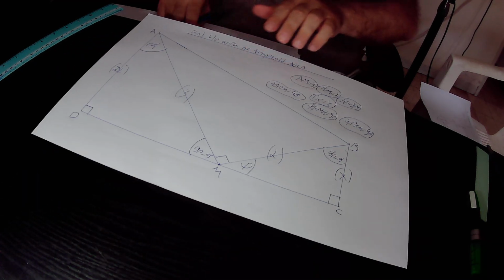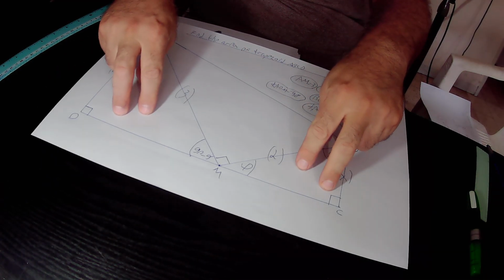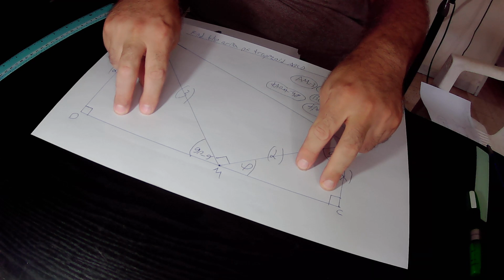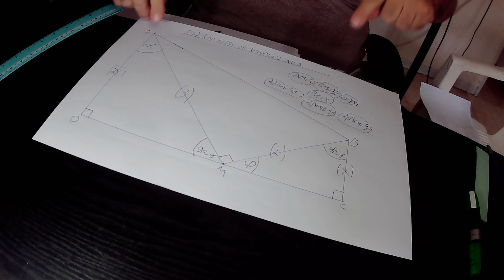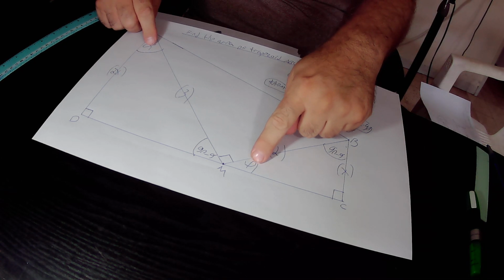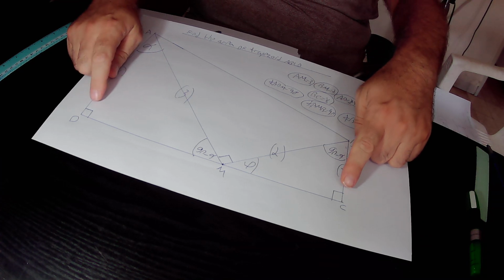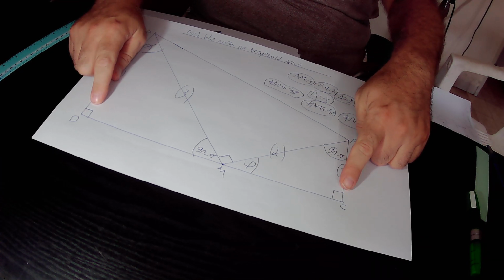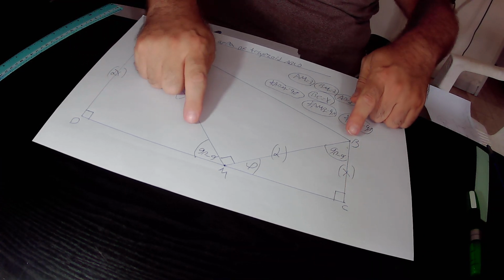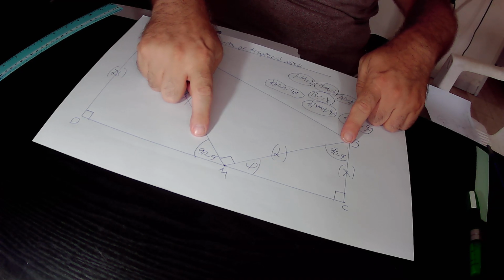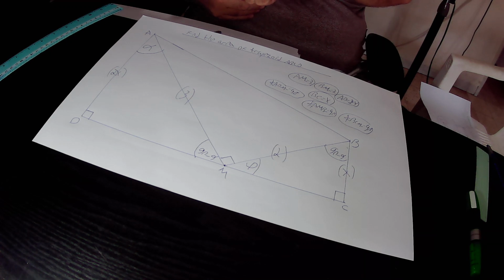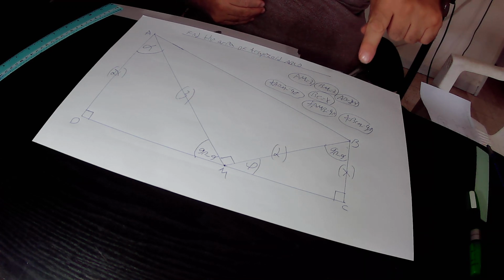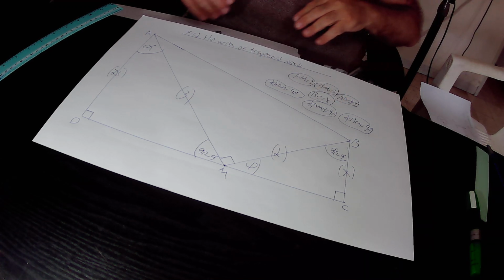It is very easy to see that those two right triangles are similar to each other according to the angle similarity rule. Why? Both triangles have angle alpha, both triangles have the right angle, and both triangles have this angle that is 90 degrees minus alpha. Therefore, triangle ADM is similar to triangle BCM according to the angle similarity rule.